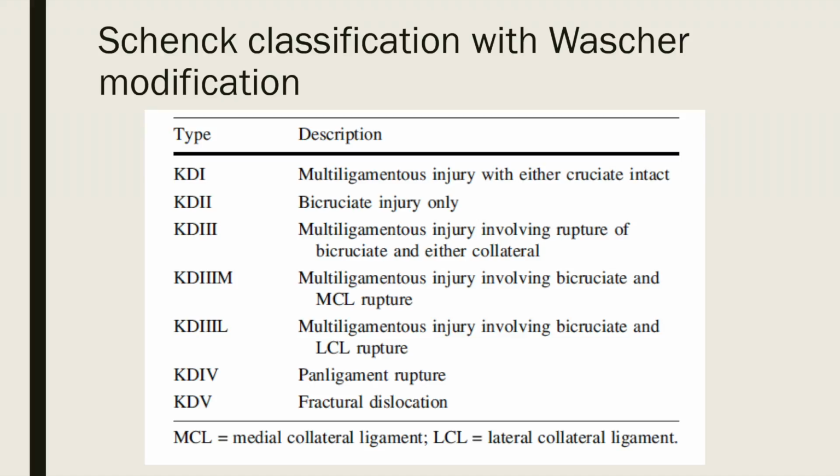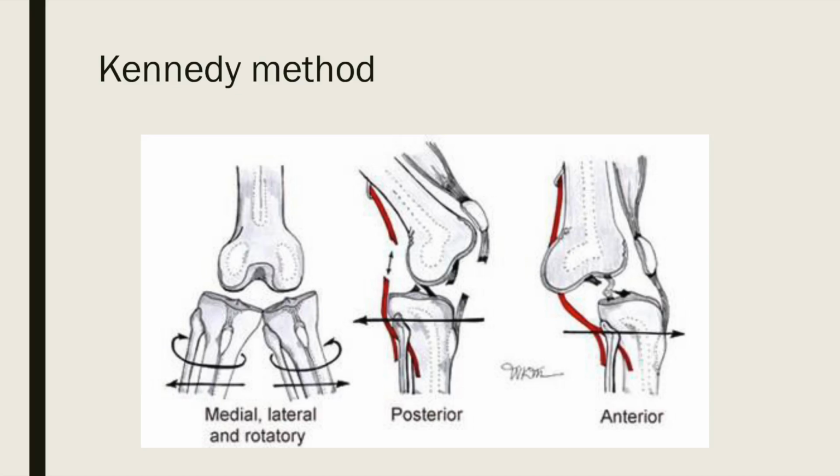Then the KD3s, which are involving both cruciates and either your medial side, your MCL, or your lateral side with your LCL and posterolateral corner ruptures. And then the KD4, which includes all the ligaments of the knee. And the difficult one to treat is the fracture dislocation, the KD5.